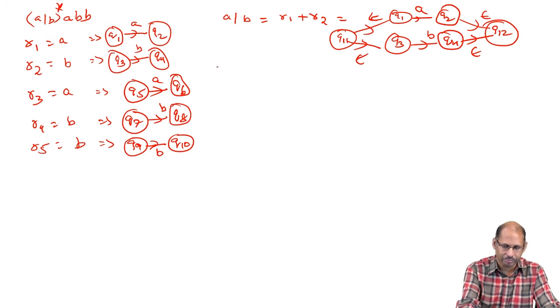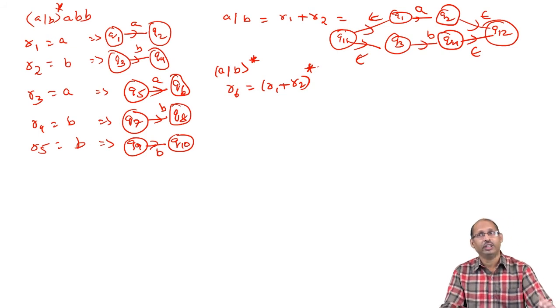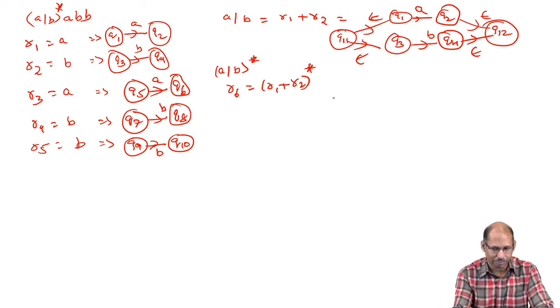What is the next step? The closure property. So we are considering some R6, right? (R1 plus R2) closure. For the closure property, consider R1 plus R2 first.